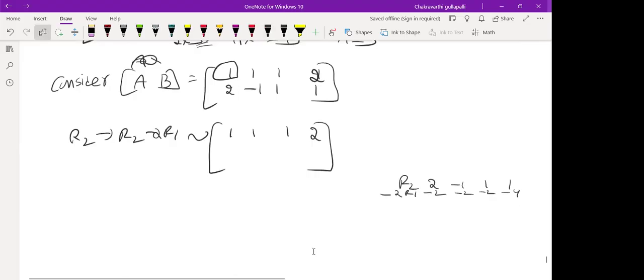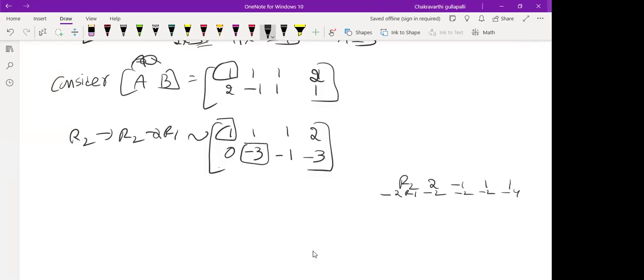Rough work: R2 minus 2R1 gives 0, minus 3, minus 1, and the next row is 1, minus 2, minus 1. This is the leader, below that 0. This is the leader, below that nothing to make 0.